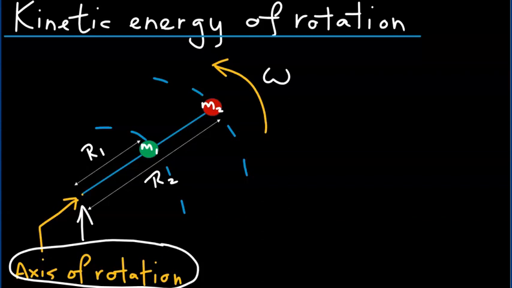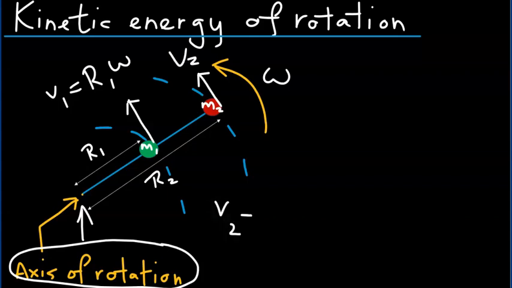Note that since m1 and m2 are part of the same system and they are connected by a rigid rod, both will have the same angular velocity. However, the tangential velocity for m1 and m2 will be different. According to the discussion that we just had, the tangential velocity of m1, let's call it v1, is given by radius r1 times omega, and the tangential velocity of m2, let's call it v2, is given by r2 times omega.